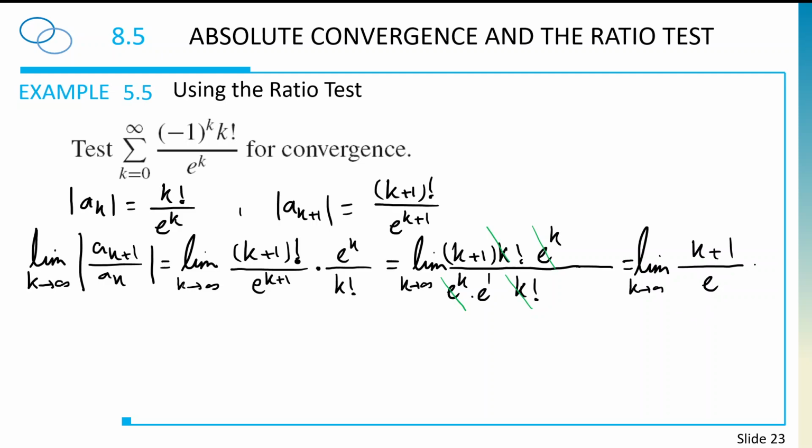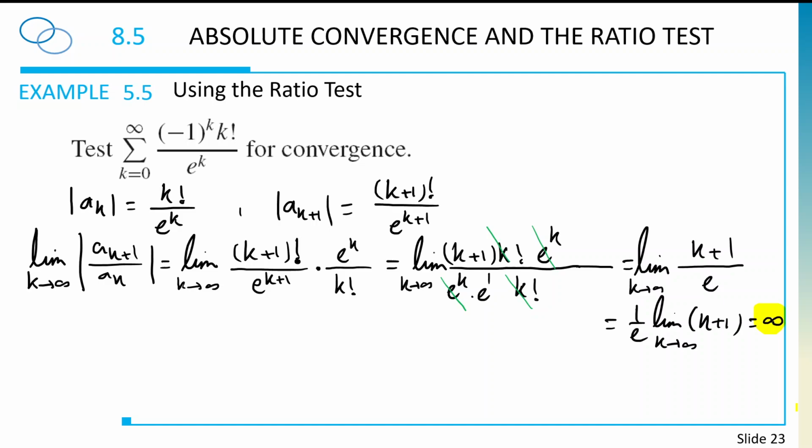So the limit equals 1 over e times the limit of k+1 as k approaches infinity. And this one, we know goes to infinity. So this limit equals infinity this time.